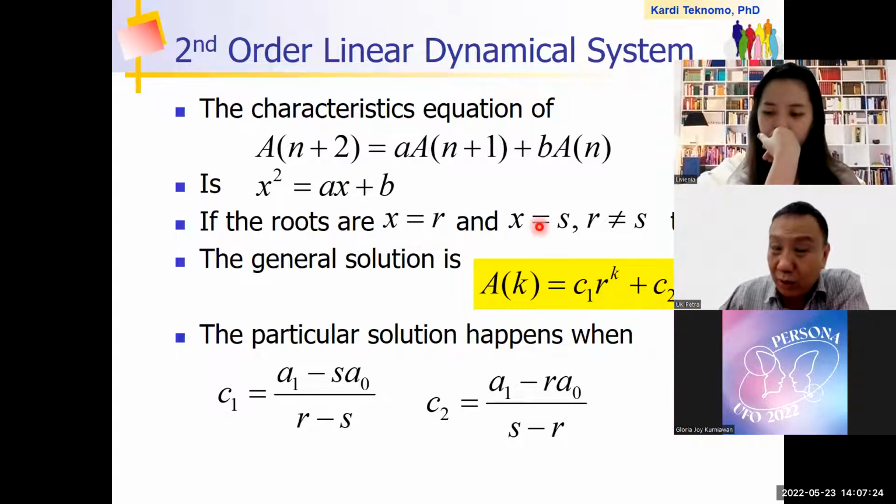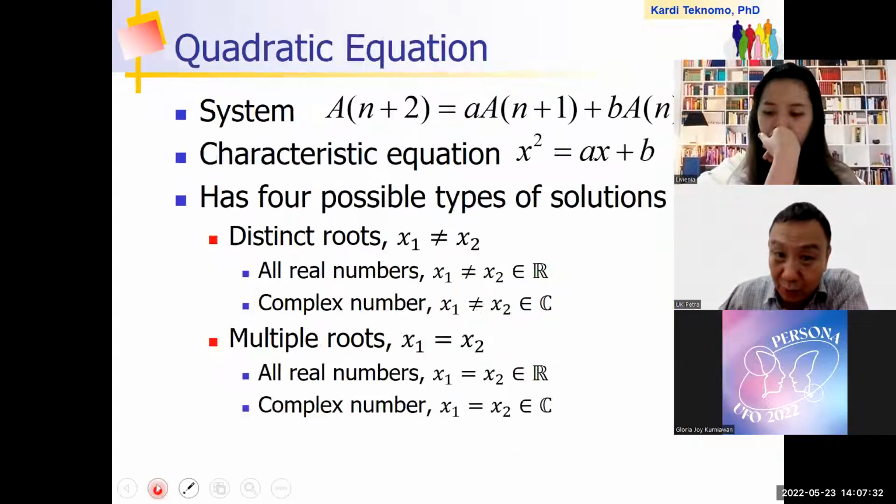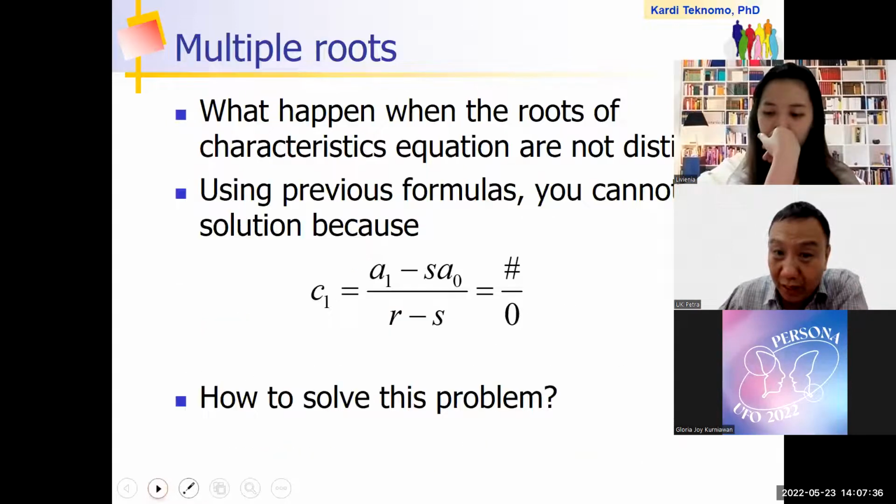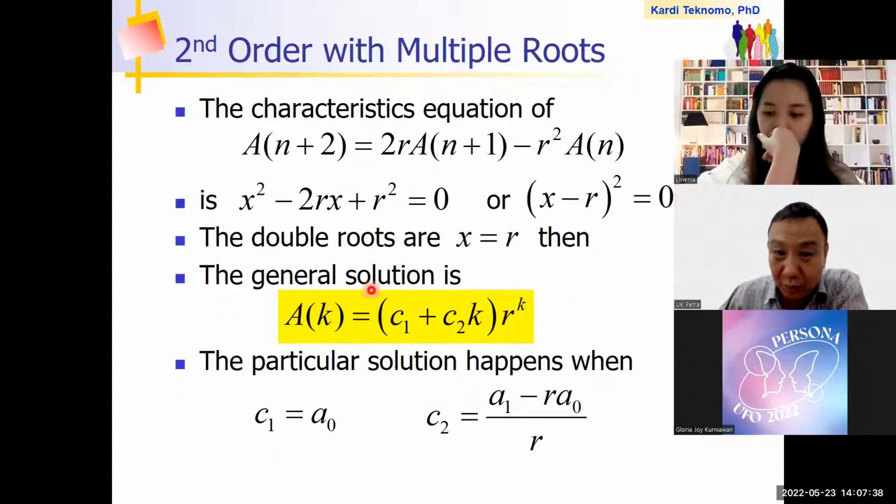R is not equal to S. This is the solution. Now if you have exactly the same root, R equal to S, you cannot use that formula. You need to use this formula. After that, if you want to get C1 and C2, you just plug into this formula.